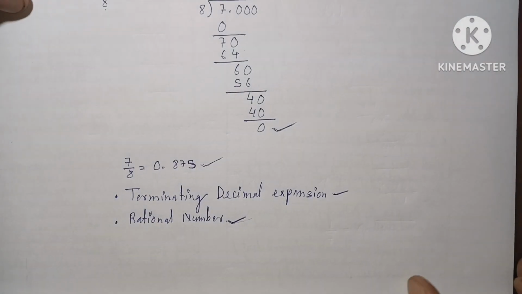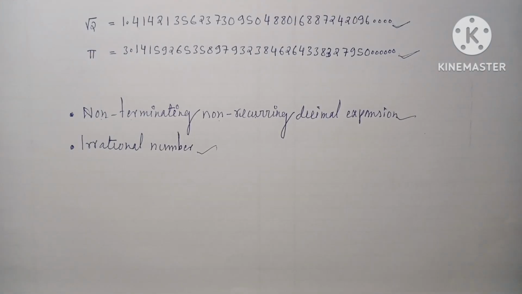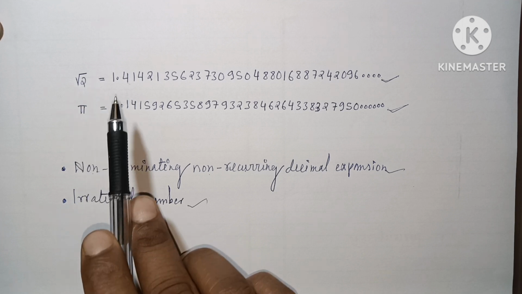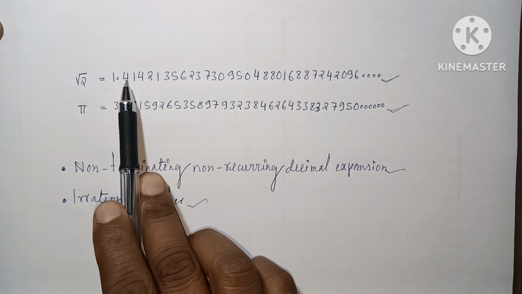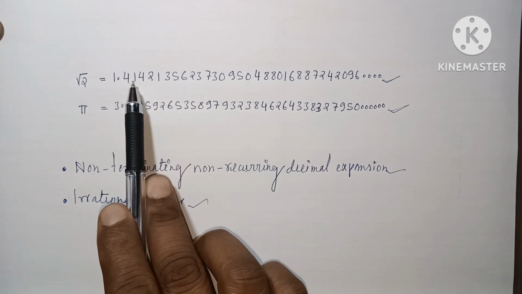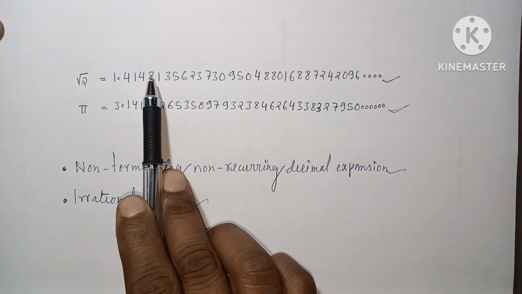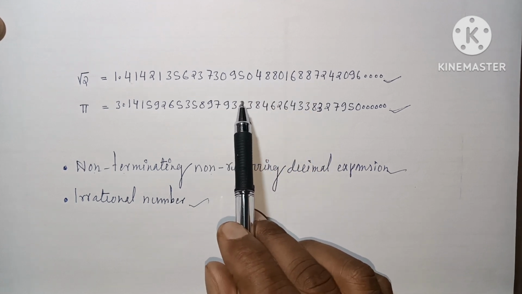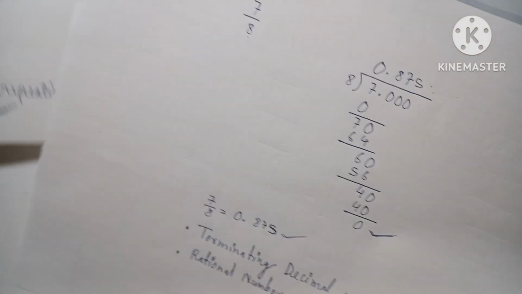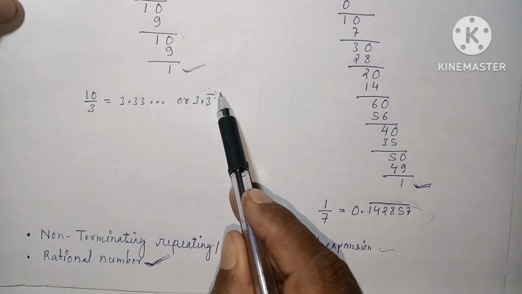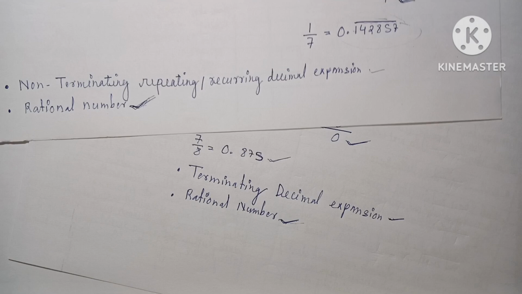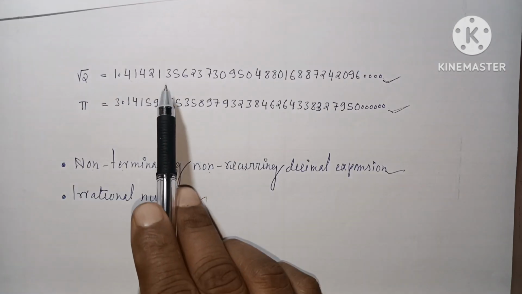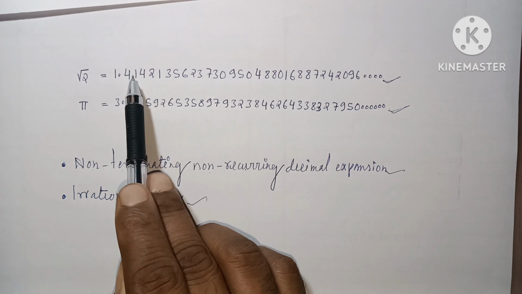Now let's move to the next. Let's see carefully the decimal expansion of root 2 and pi. After the decimal, numbers change and come, but the same number or block of numbers is not repeated, unlike the earlier cases where a single digit or block is repeated or the expansion terminates. Here there is no repeating block or digit, it always changes.